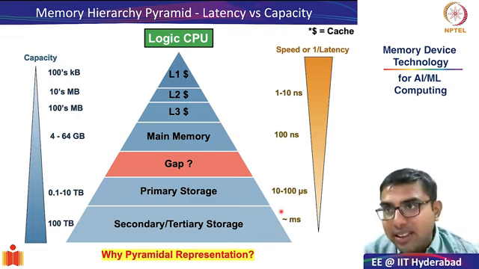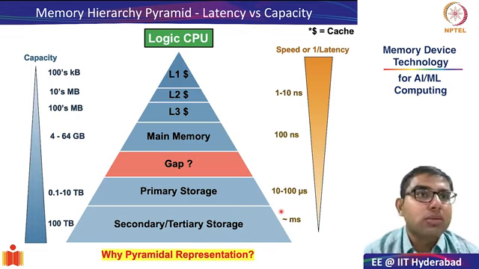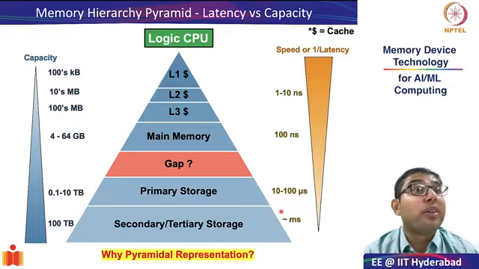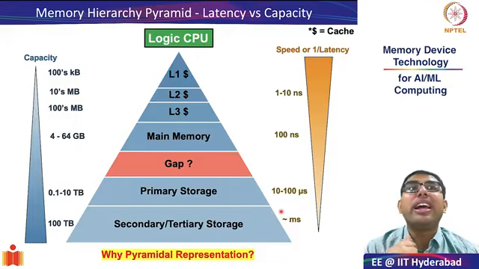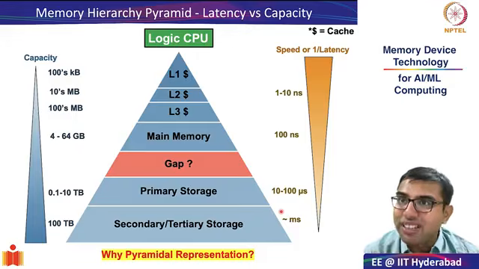Okay, so with this, let us conclude today's session. Very brief recap of what we did today. First, we saw how evolving computational systems led to the evolving of the memory hierarchy.